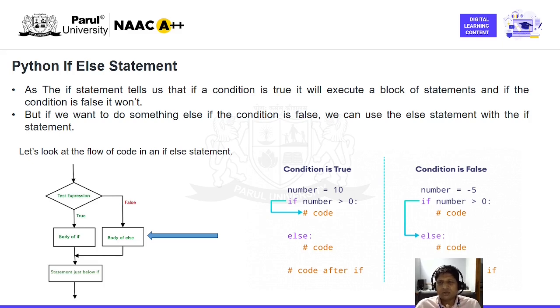Now you can see the flow chart of the if else statement. Some students get confused: there are two conditions? No, the condition is always one, but the output of the condition is two, one true and another false.